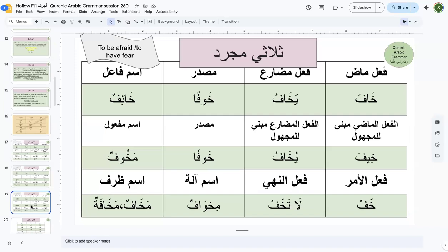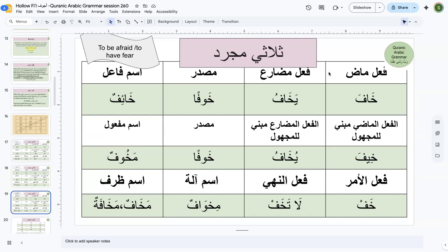Color, body defects, emotions, happiness, sadness usually come from the Samia clan, like fariha, to be happy, hazina, to be sad. So this family Samia has to do with emotions, body defects, and colors. Remember that, inshallah. So khafa is khawifa, because your mutaharrik waw was preceded by a fatha, rule number one got applied.